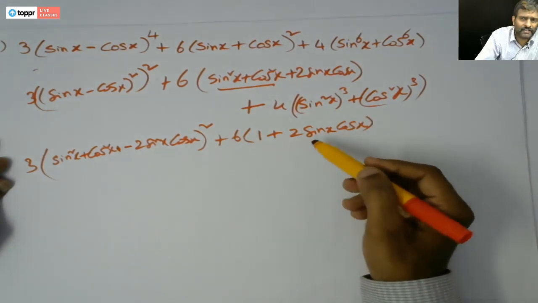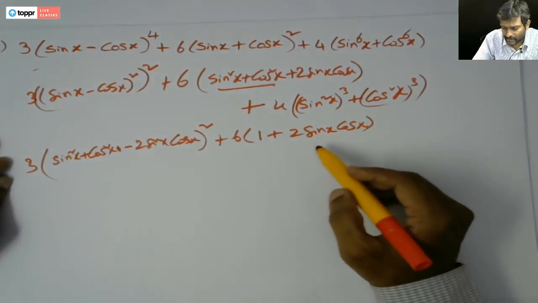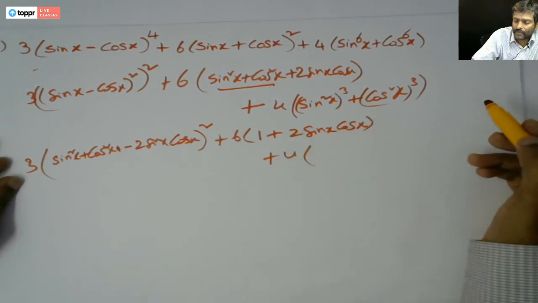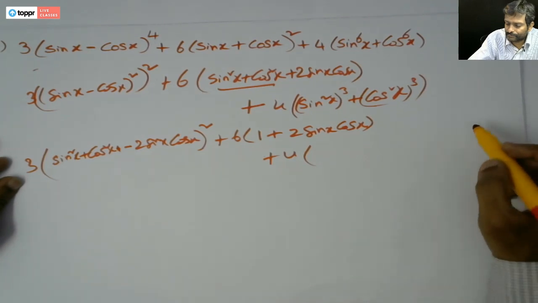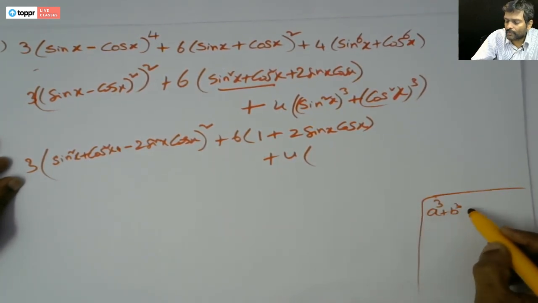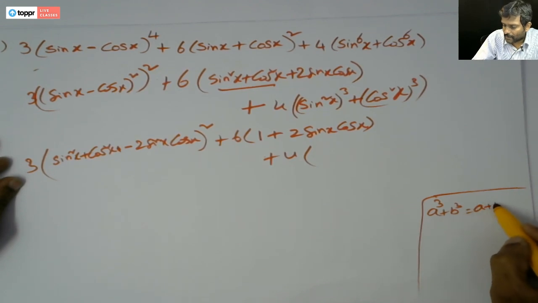You can write this as sin 2x also, but let us see, if needed. Plus 4 times a cube plus b cube. What is the formula of a cube plus b cube? A cube plus b cube can be written as a plus b times a square minus ab plus b square.